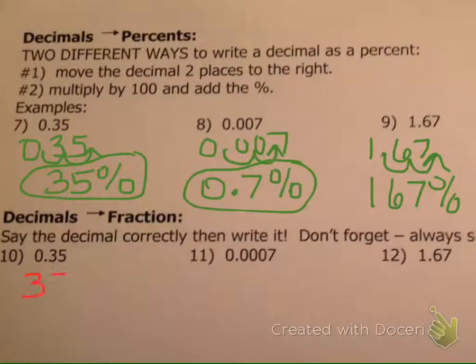35 over 100. And we need to always simplify, so we know that 5 goes into both of them. What's 35 divided by 5? 5 times what is 35? 35 divided by 5 equals 7.